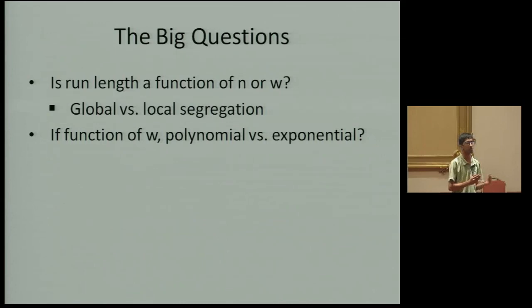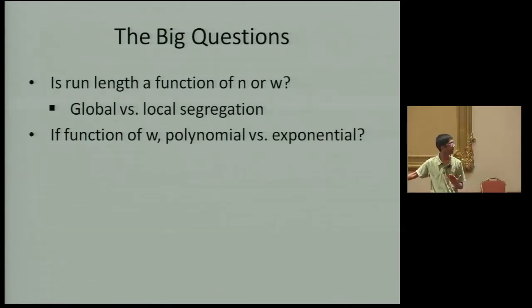So it's a question of global segregation if it's a function of n, and local segregation if it's independent of n. And furthermore, if it's independent of n and only dependent on W, is it going to be polynomial, meaning only small local segregation, or is it going to be exponential, meaning more severe segregation?